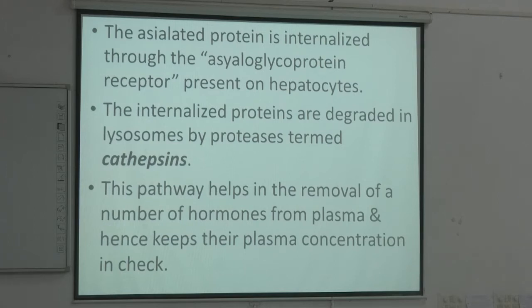So one is the ubiquitin pathway, which is energy dependent, and the other is through lysosome, which is energy independent. Through lysosome, sialic acid is removed from the protein, and through the asialoglycoprotein receptor in the hepatocyte, the protein enters and is degraded in the lysosome.